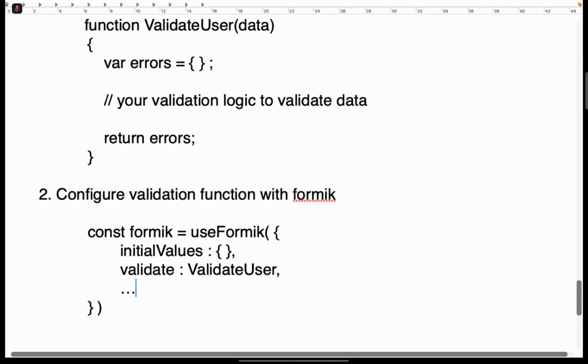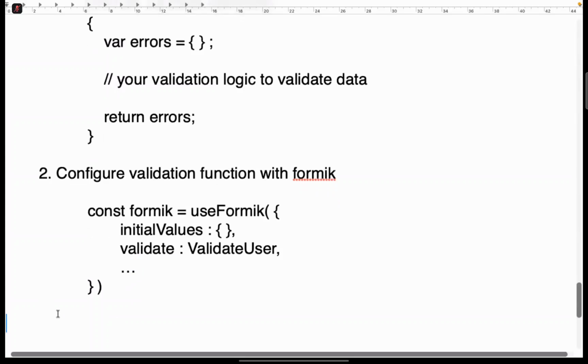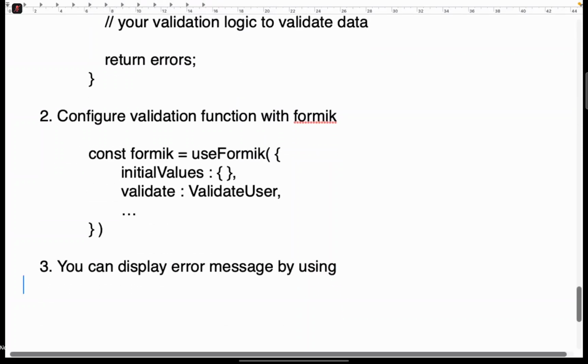It will verify the fields. It will report the problems. You just have to collect the message and display the error message. How to display the error message? You can display the error message by using formik.errors.fieldName.